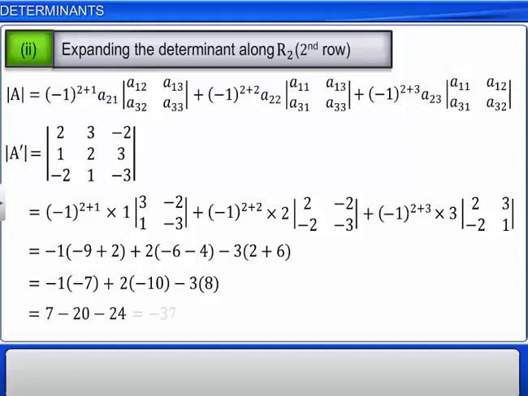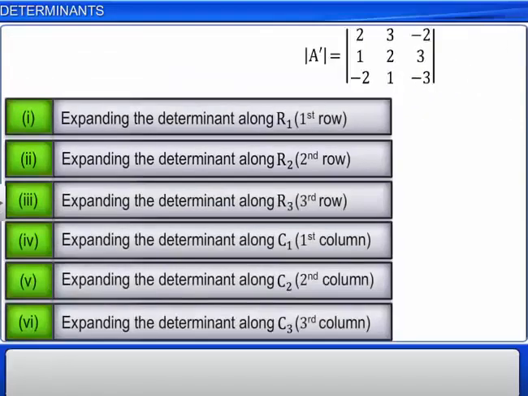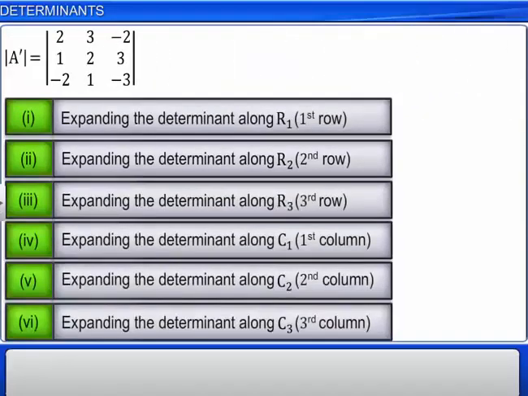Observe that the determinant of A', when calculated along the first row or the second row, is the same. In general, we can say that calculating the determinant of A' in any one of the 6 ways yields the same result. Let us now see the remaining 4 ways in which a determinant can be expanded.